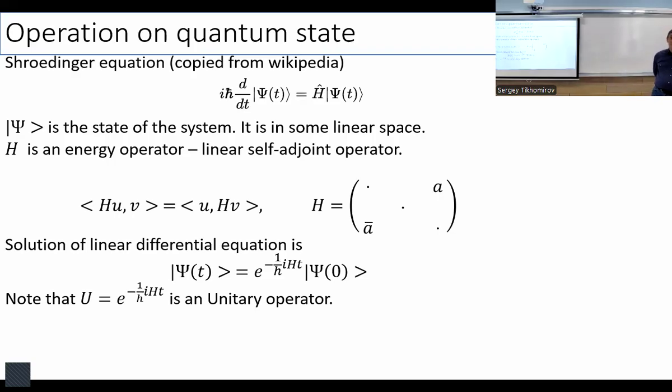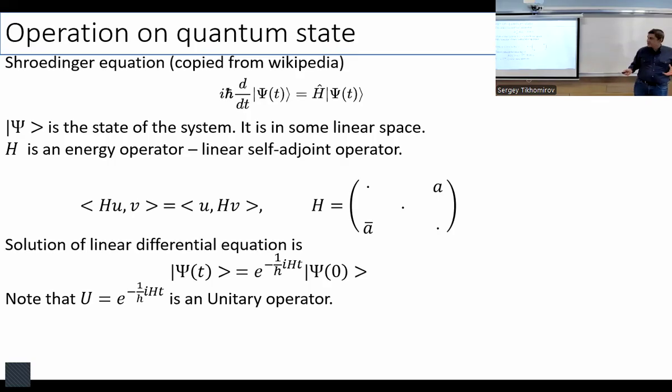A unitary operator is something of absolute value 1, but this is the operator version of that. Because of this, it seems that whatever I do with a quantum state, I can only apply a unitary operator to it, only linear, unitary.